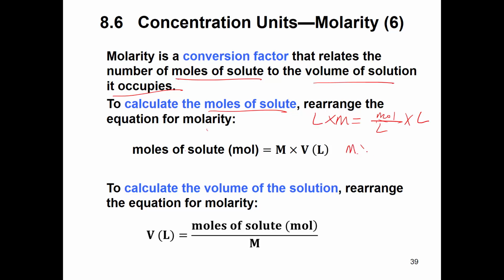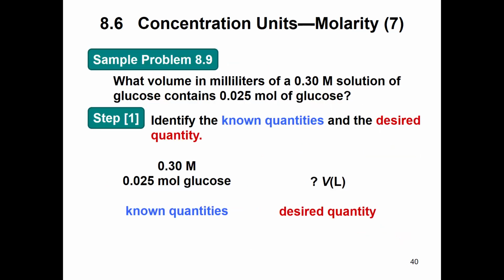So molarity times liters equals moles. To calculate the volume, you do the same thing, rearrange, and you get volume equals moles divided by molarity. You're using the same thing, M equals moles over liters, just rearranged to solve for either one of those parameters.